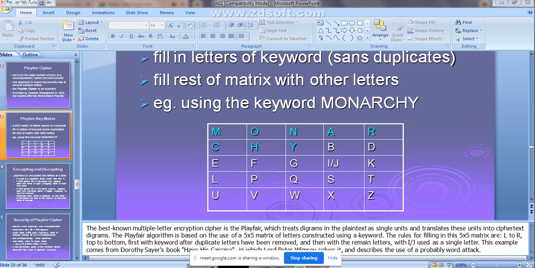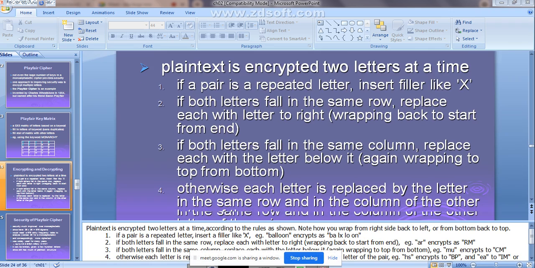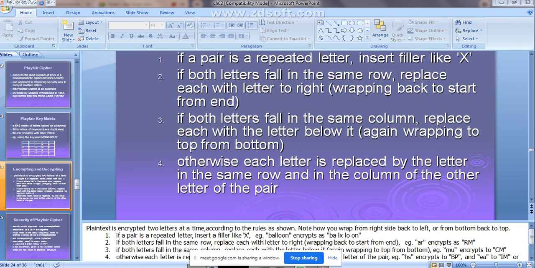Third rule, guys. Yes, ma'am. First rule: if the same characters are present in the same pair, use the filler. If both the letters are present in the same row, replace each by the letter to the right. If both the letters are present in the same column, replace each by the letter beneath it.